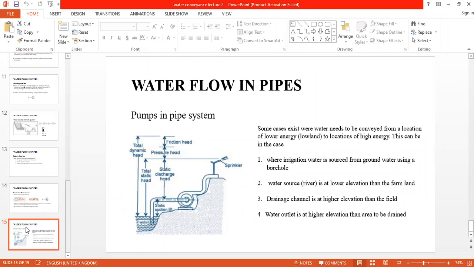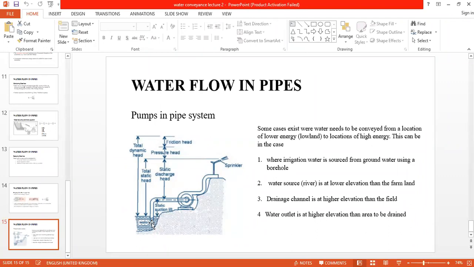But here, the principle which I just want to show you is that pumps are important because most of the time, if we are pumping water, it will be from a river. And in most cases, the river will be slightly below the elevation of your farm. So the river will be at a lower elevation, then your farm will be at a higher elevation.